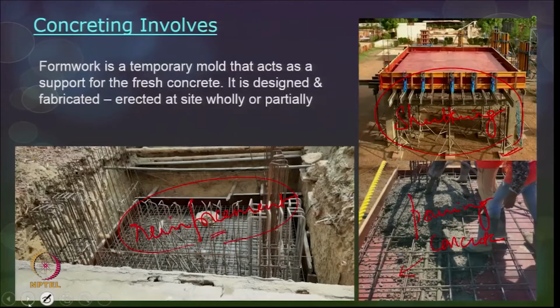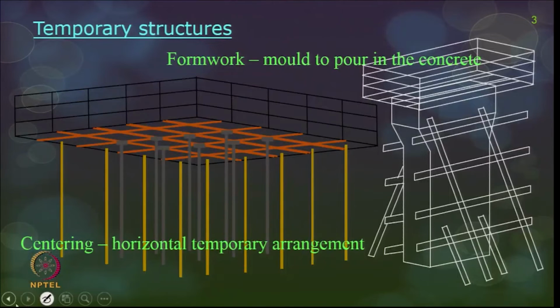It can be partially fabricated or completely fabricated. You also get manufactured commercial products, or you can do the conventional way of customizing the form work for small construction jobs. So, all ways are available.